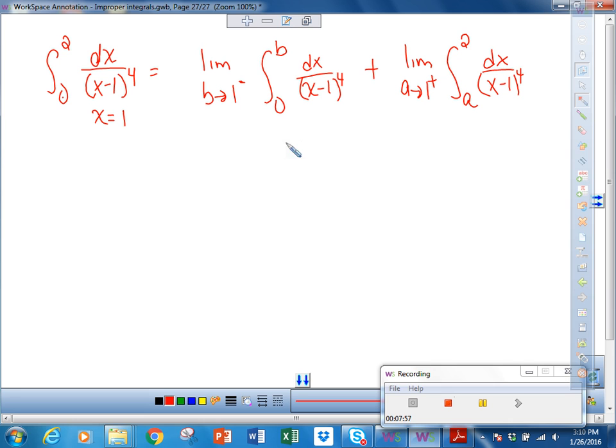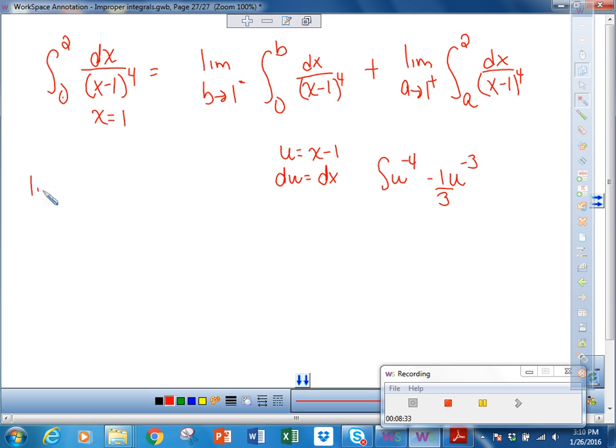Okay, I can do a u substitution here. If I let u equal x minus 1, then du is equal to dx. So really the only thing I have to do is look at this as u to the 4th, or u to the negative 4, if you will. Integrating u to the negative 4 gives u to the negative 3 divided by negative 3. I'm just doing this on this side to make it easy so I don't have to do it each time.